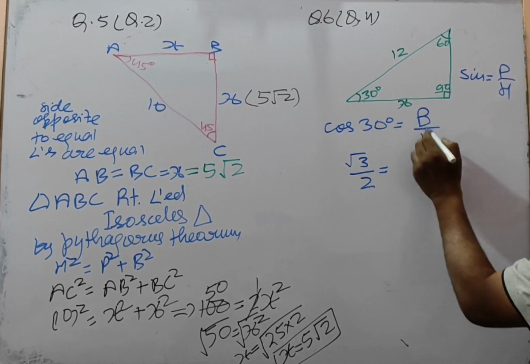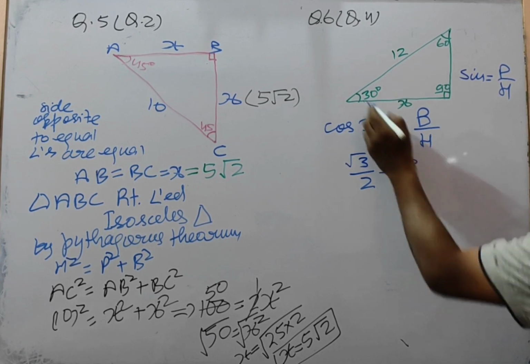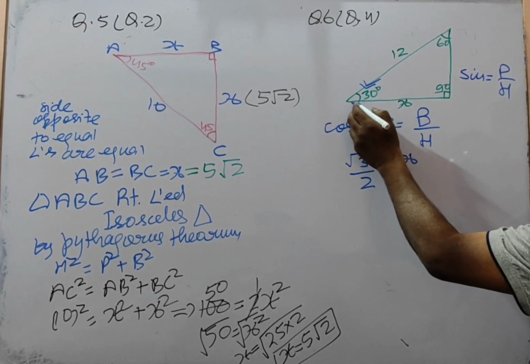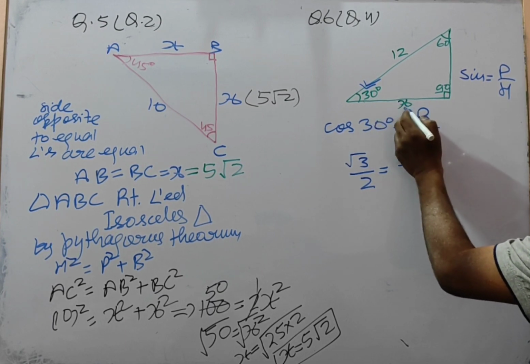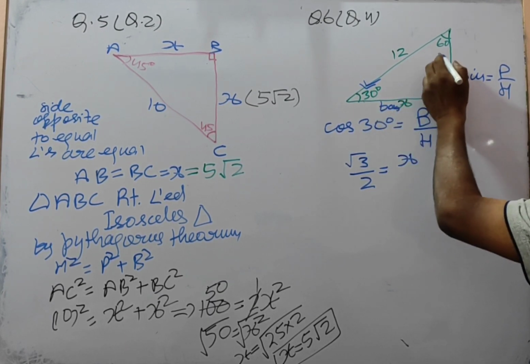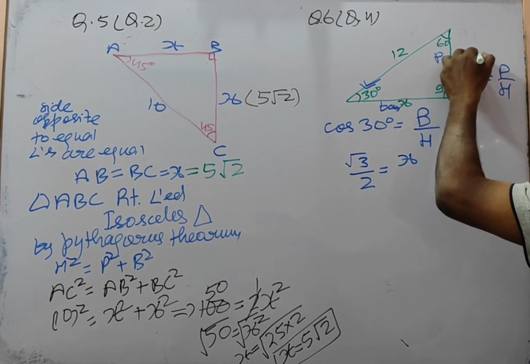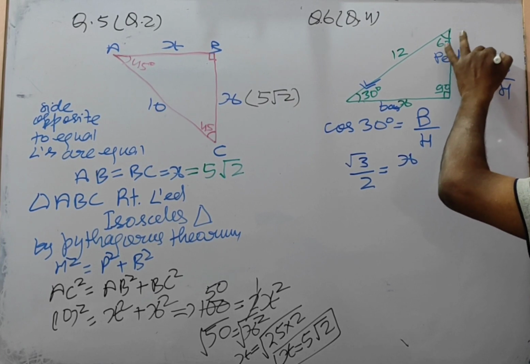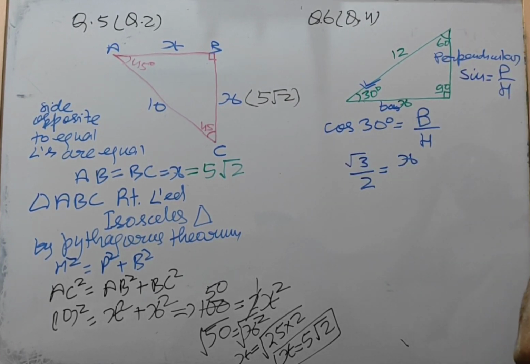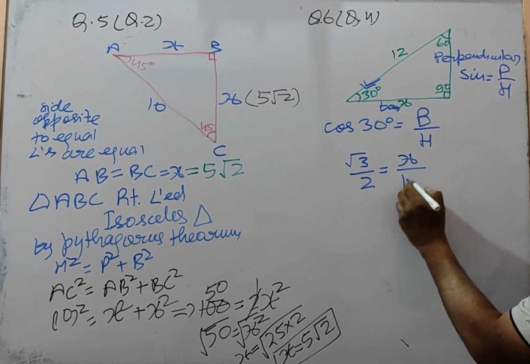We are taking in consideration this angle, so the side adjacent to the angle is the base, and this is perpendicular. So cos 30 is root 3 by 2, base is x, hypotenuse is 12.